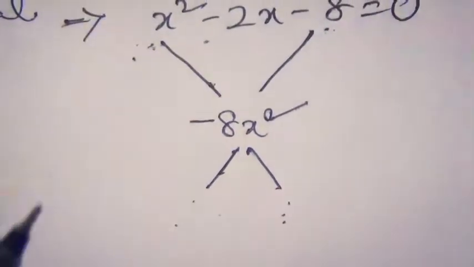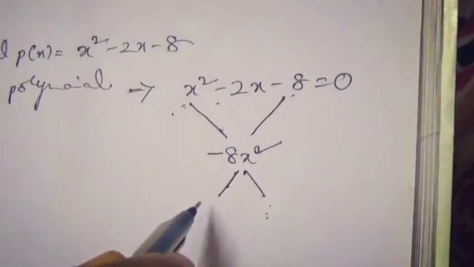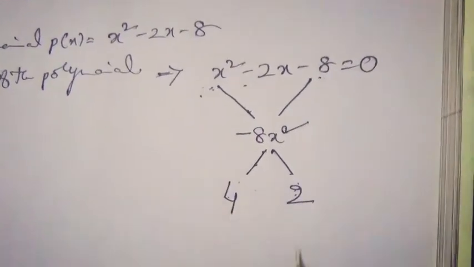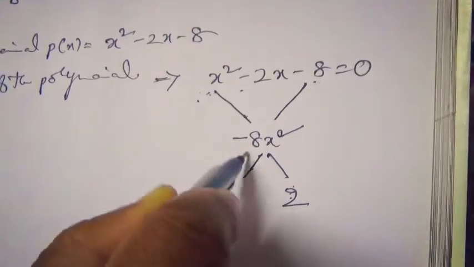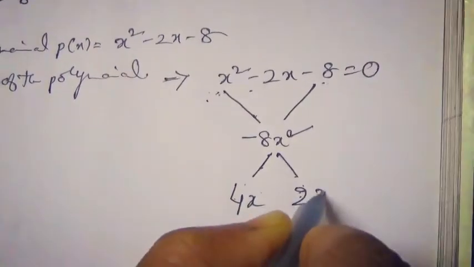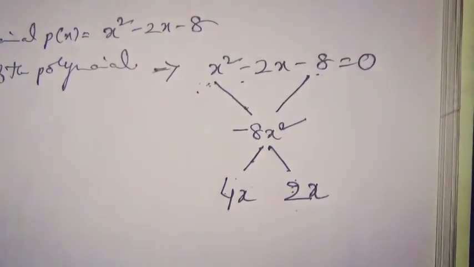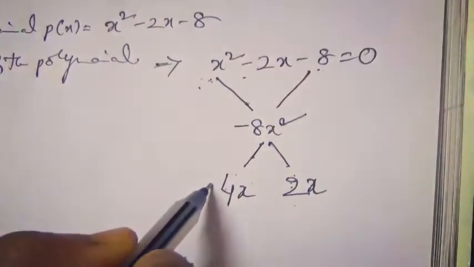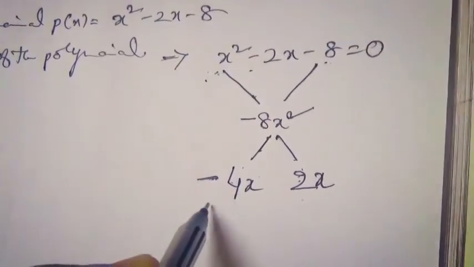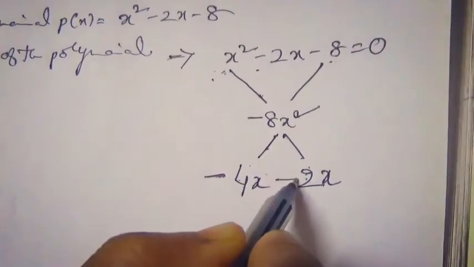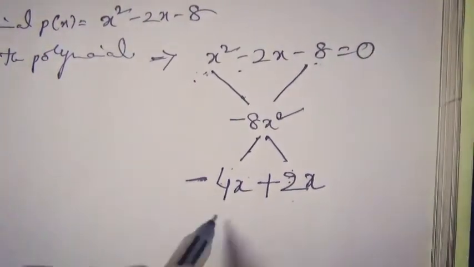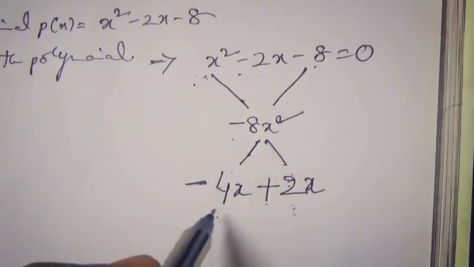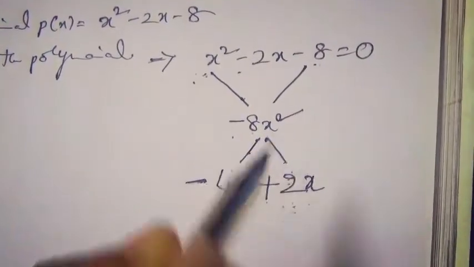You have to choose the two numbers like that. Here, 4 2's are 8, x into x square. But minus 2 we want, so in front of the highest number you have to keep minus and plus. We just multiply these two numbers, minus of plus minus, 4 2's are 8, x into x square.